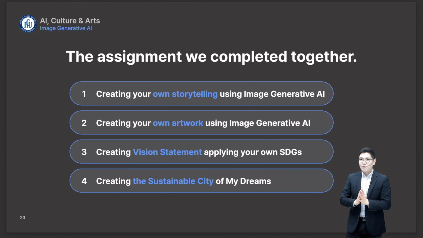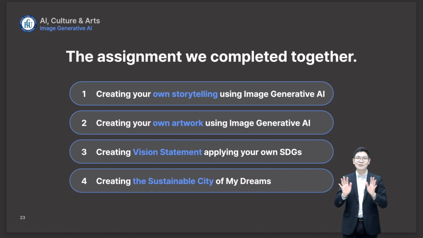All right, thank you for submitting all the assignments we completed over the past few weeks. The first one: all the students created their own storytelling using image generative AI. That was really awesome. Secondly, we created our own artwork with image generative AI. It was really fantastic and good to look at.